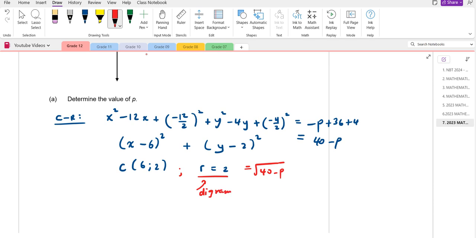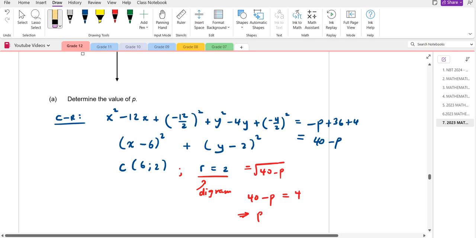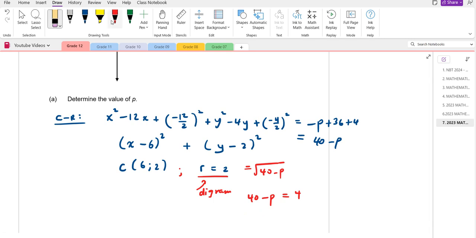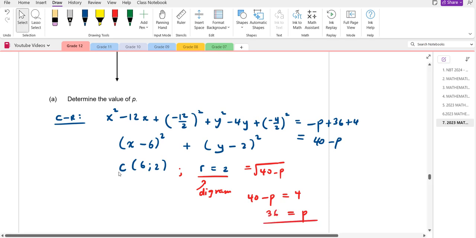Now if I square both sides, I've got 40 minus p is equal to 4. So p is equal to 40 minus 4, which is 36. So I've got the value of p, which is 36. Perfect. Nice question.